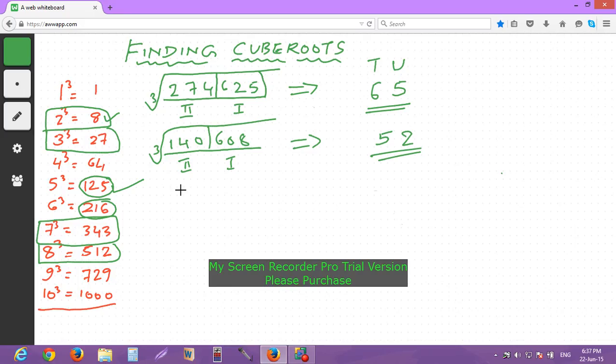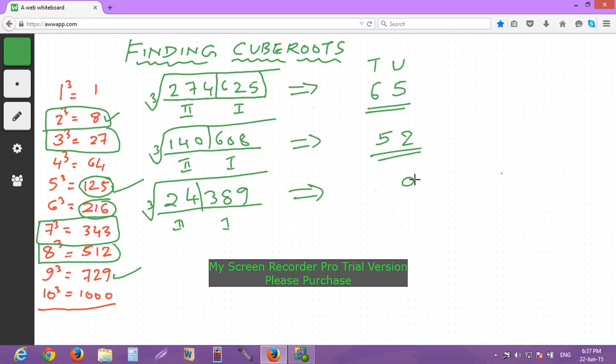We'll have another example, 24389. Let us find the cube root of this. Split the number into two groups. In the first group, there is 389 and the units place is 9. When there is 9 in the units place, no change. There is 9 in the units place of the cube root.